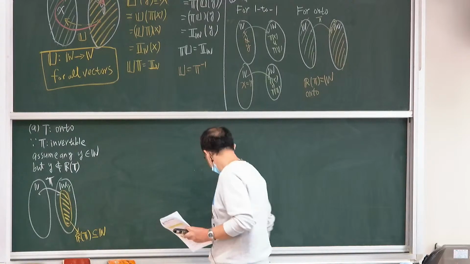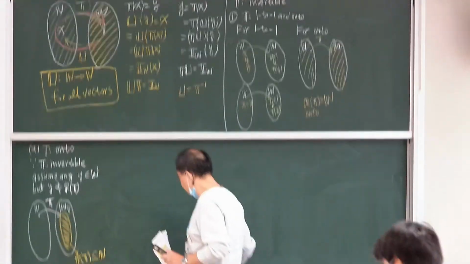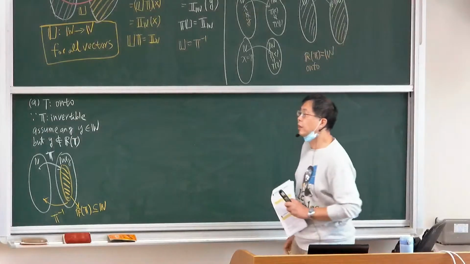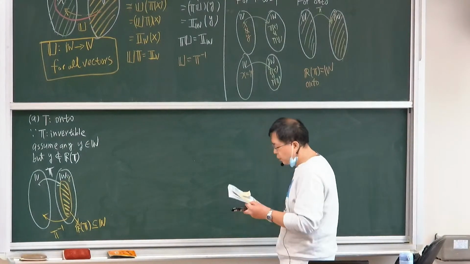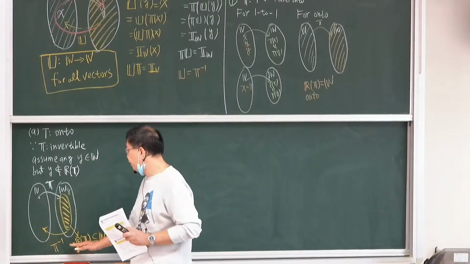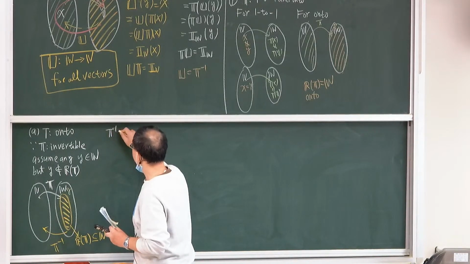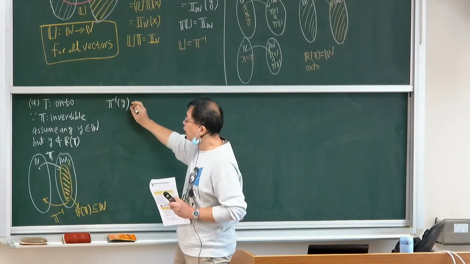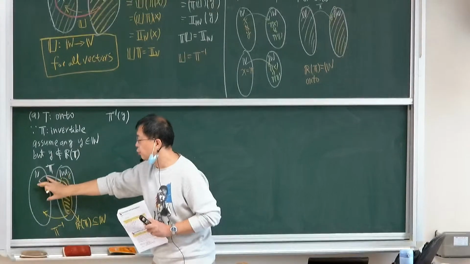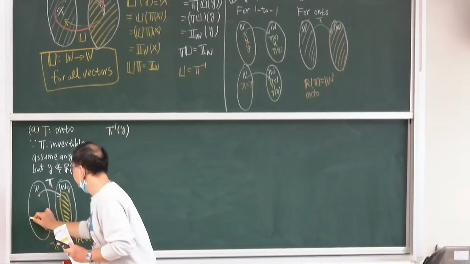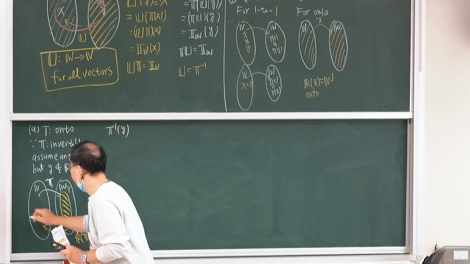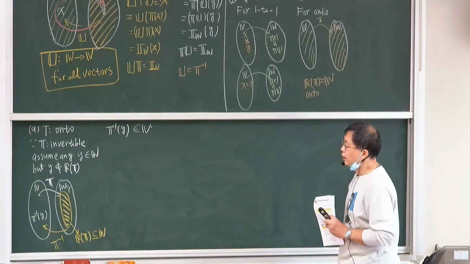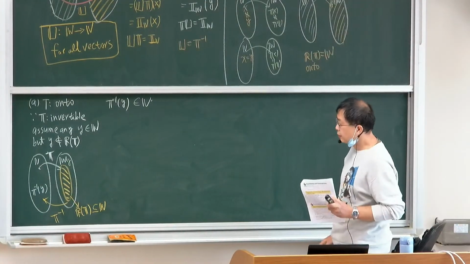And because T is invertible, we also have the inverse of T. So because we have the inverse of T, if we apply the inverse to a vector y from W back to V, then we know that T inverse of y should belong to V.